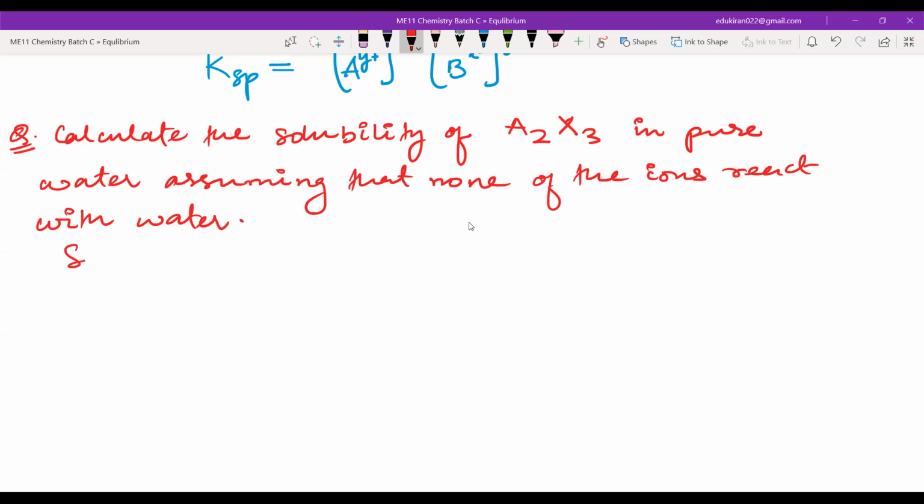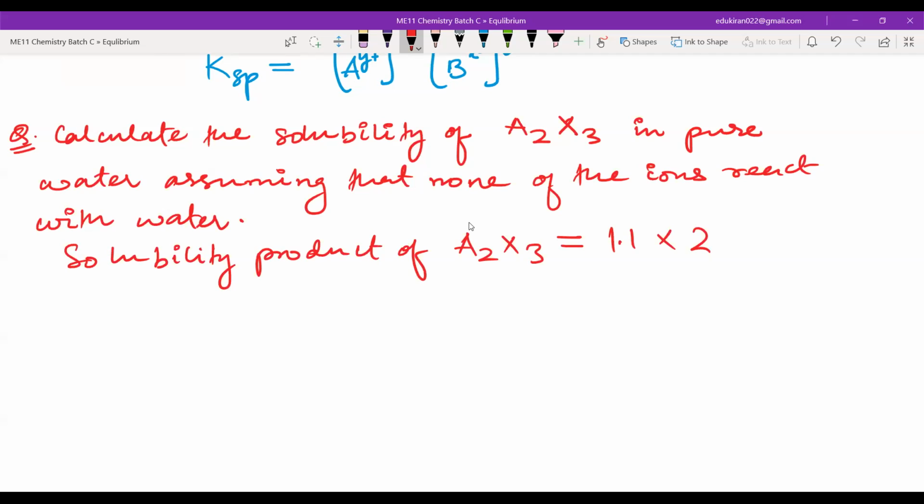And they have given the solubility product of A2X3. It is equal to 1.1 into 10 to the power minus 23.